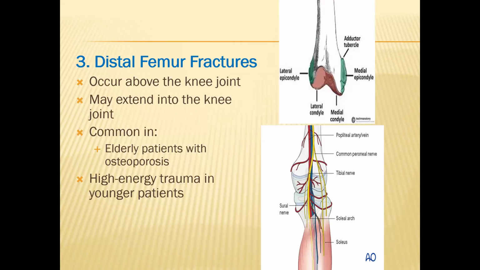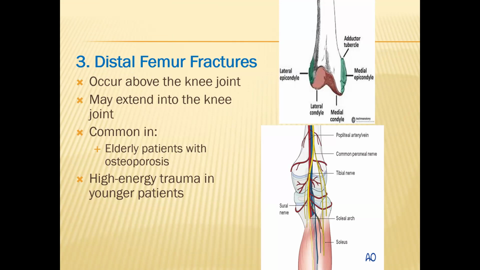The third type is distal femur fractures. So we'll see the anatomy of the distal femur. It is the surface which makes the joint with the knee. It has the lateral epicondyle, medial epicondyle, lateral condyle, and medial condyle.